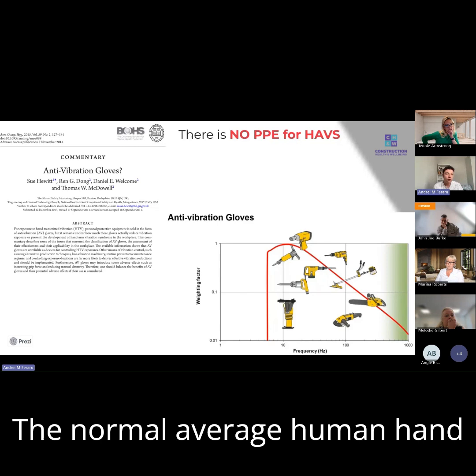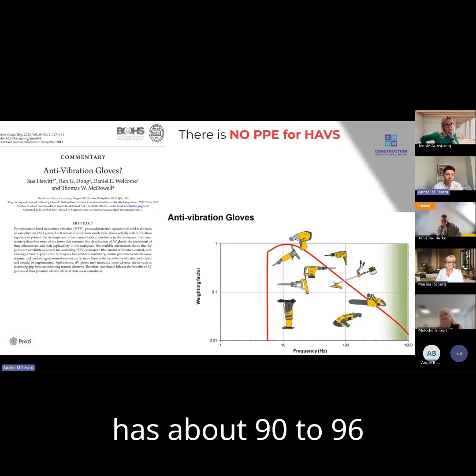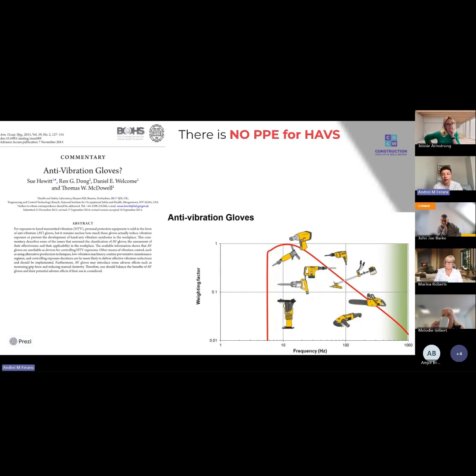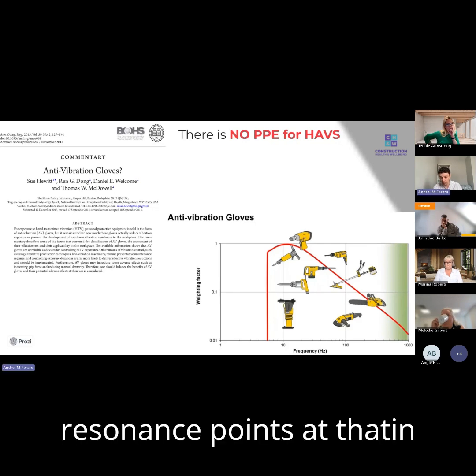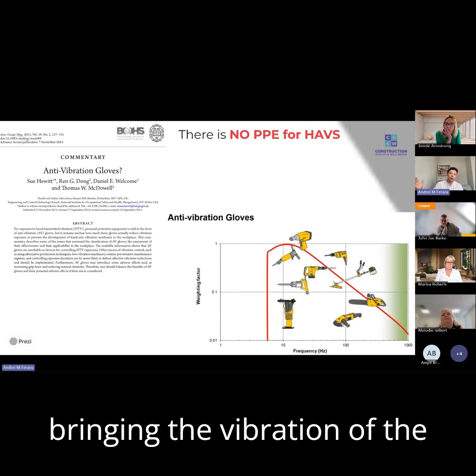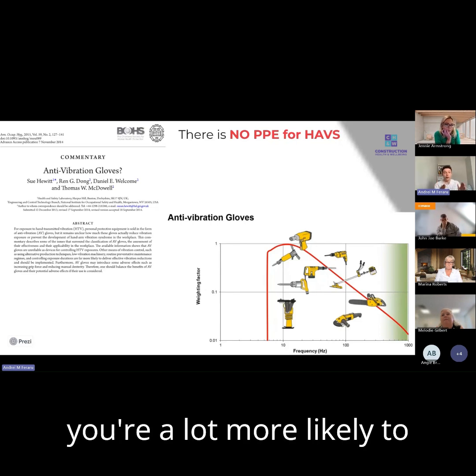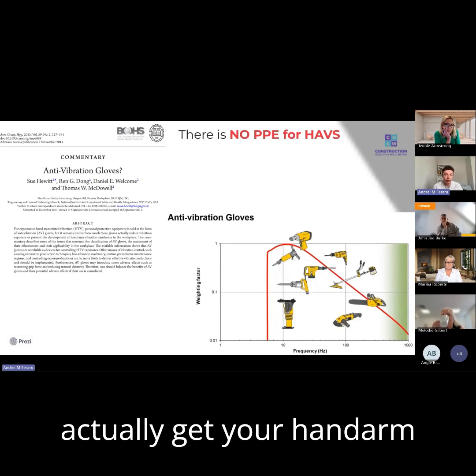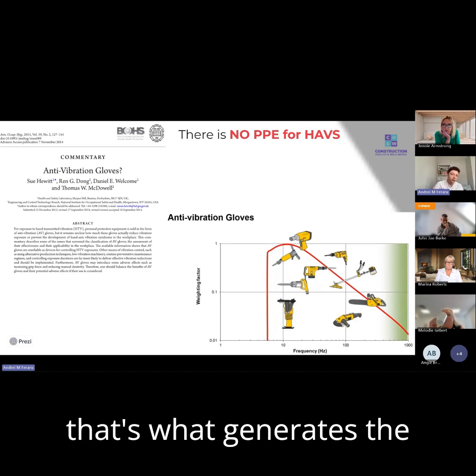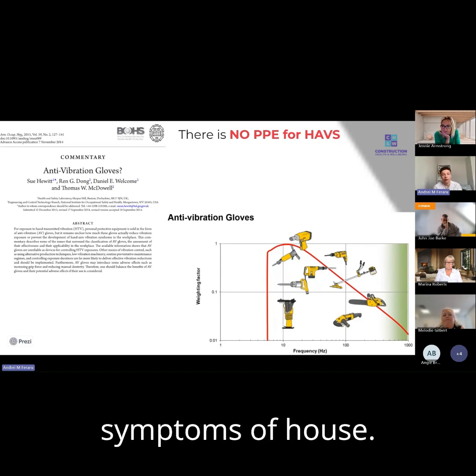The normal average human hand has about 90 to 96 resonance points in that zone. So if the vibration of the tool is exactly in that zone, you're a lot more likely to get your hand-arm system into resonance, and that's what generates the symptoms of HAVS.